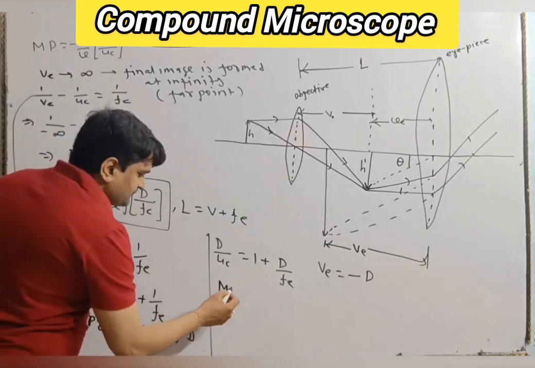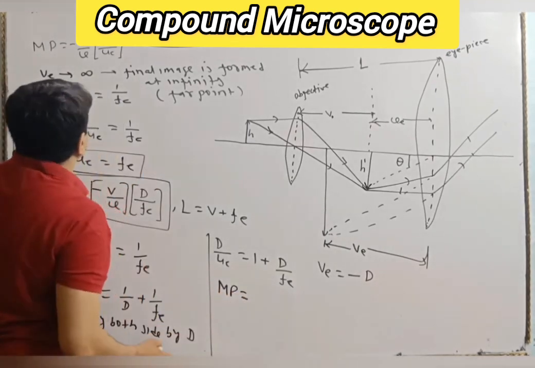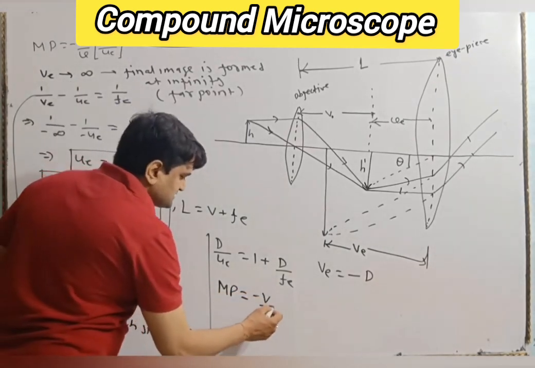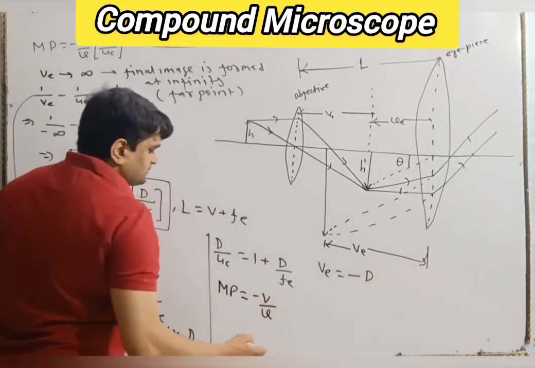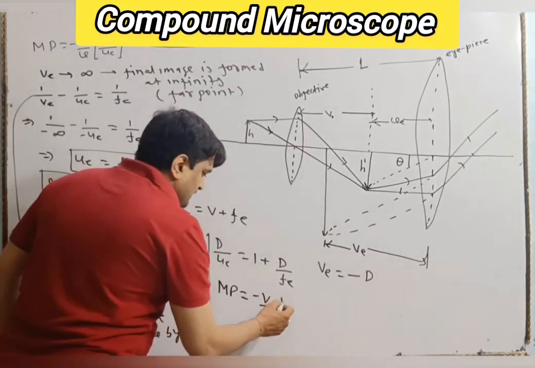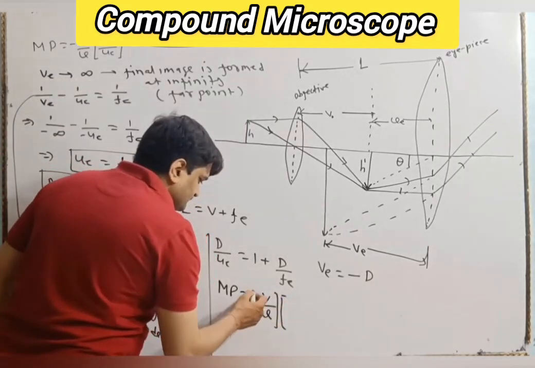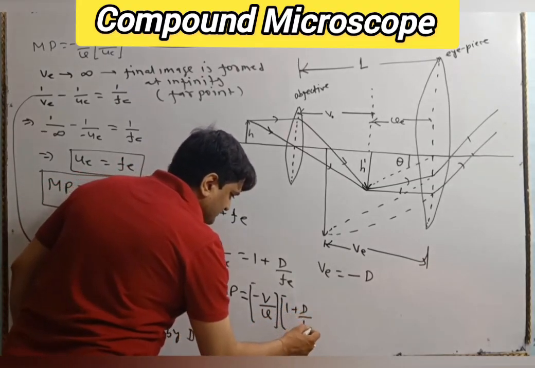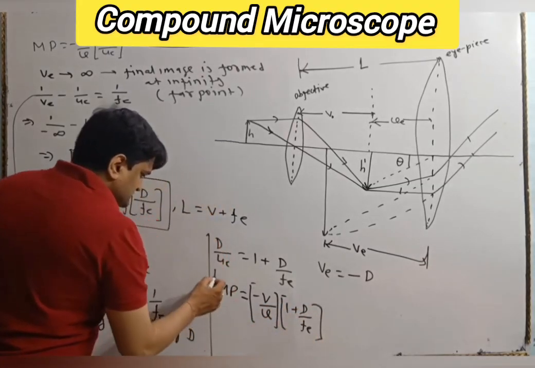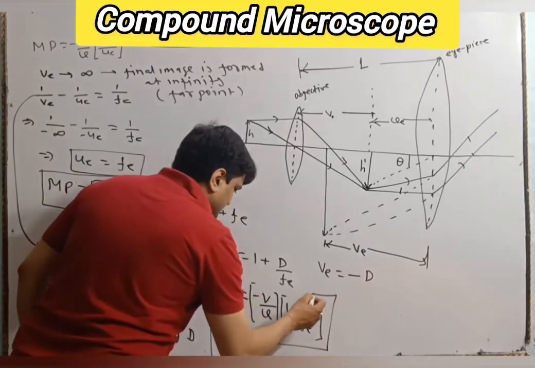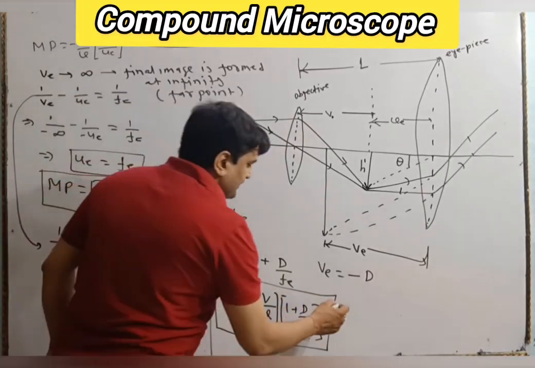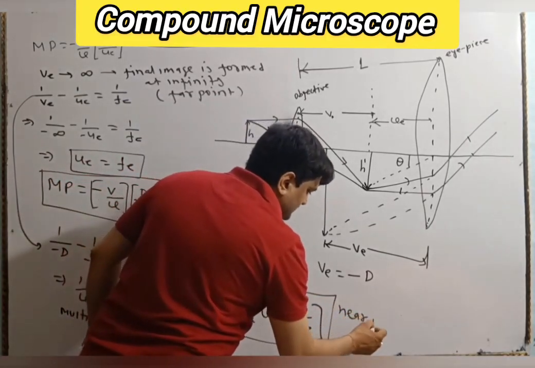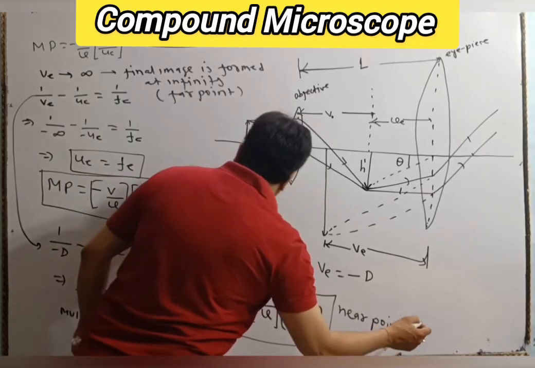So MP, magnifying power, will be minus V upon U into 1 plus D upon Fe. This is the magnifying power for near point. This is called near point.